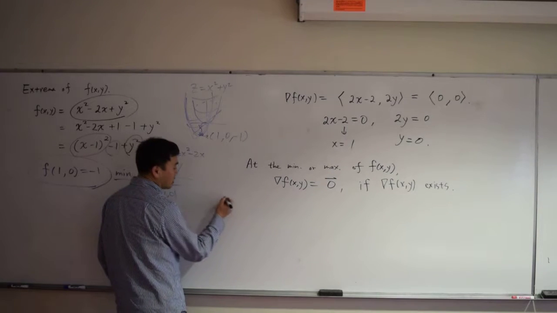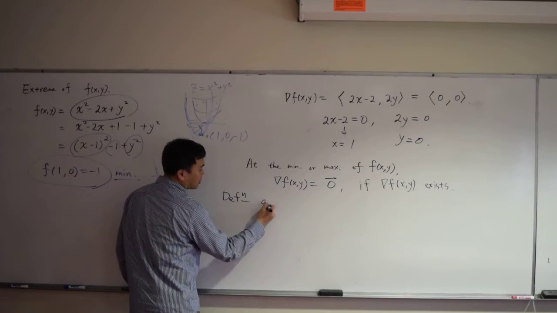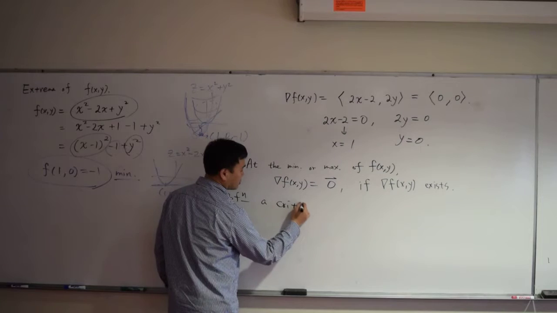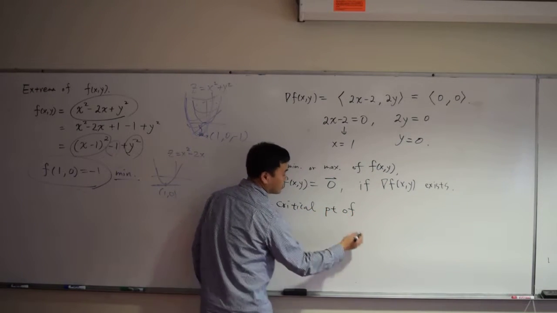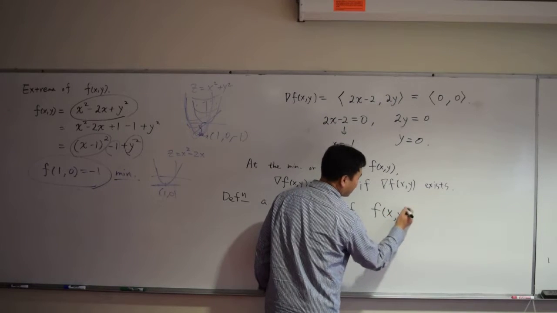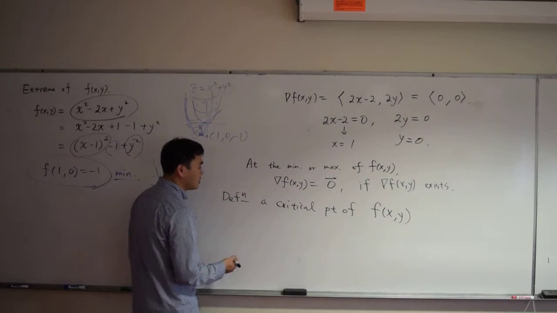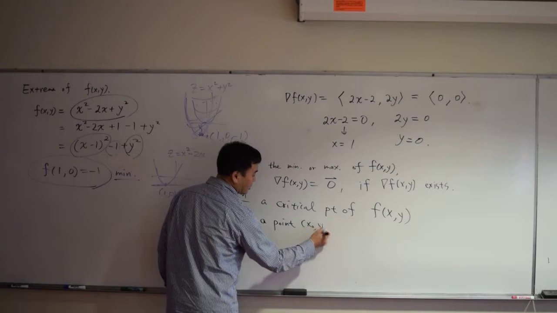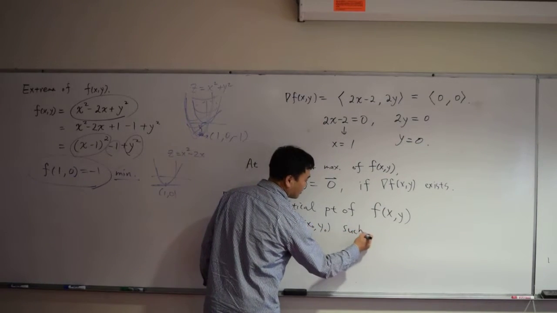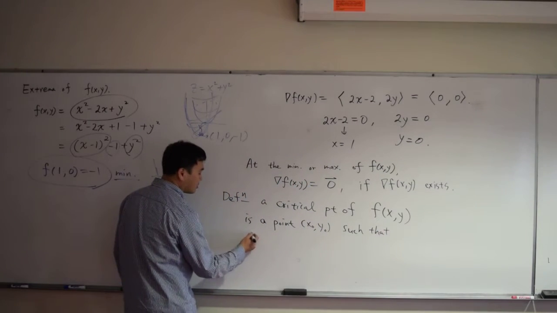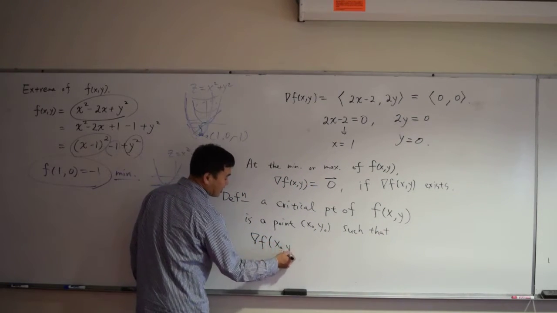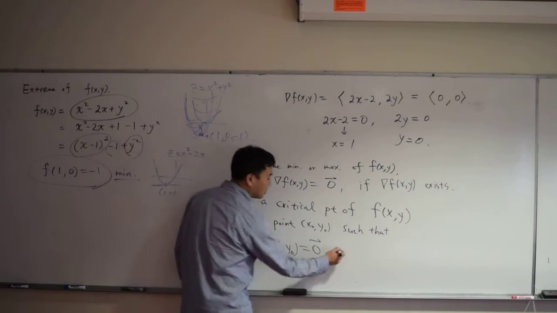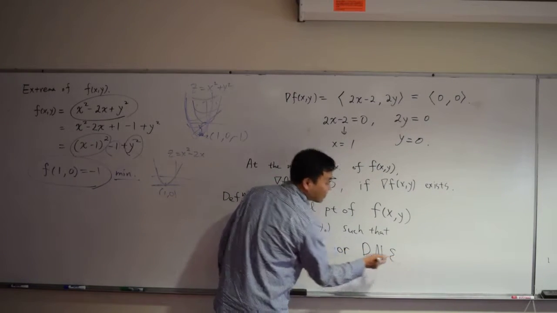We have the definition that a critical point of a function f, or maybe f(x,y,z), is a point (x naught, y naught) such that the gradient of f, evaluated at (x naught, y naught), is equal to the 0 vector or does not exist if it's not differentiable.